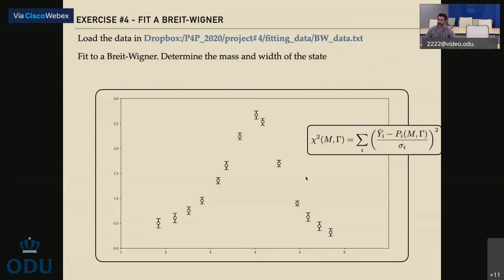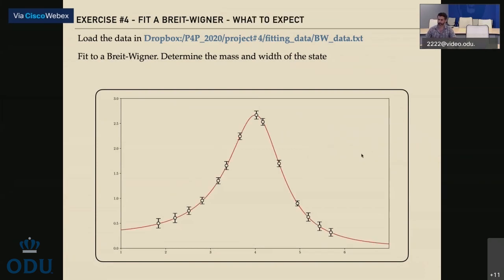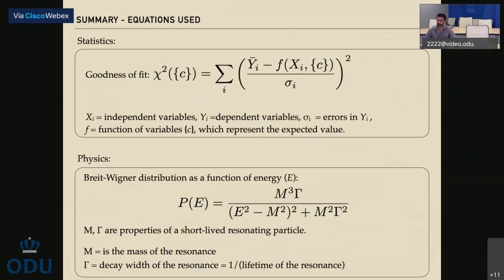What you were supposed to do is a global fit using your Breit-Wigner distribution, tuning your mass and gamma parameters so that you fit this data, and this is what I got. Okay, so you should be able to reproduce this plot. And these are the equations that we covered, basically the only two equations that we introduced in the whole previous chapter.